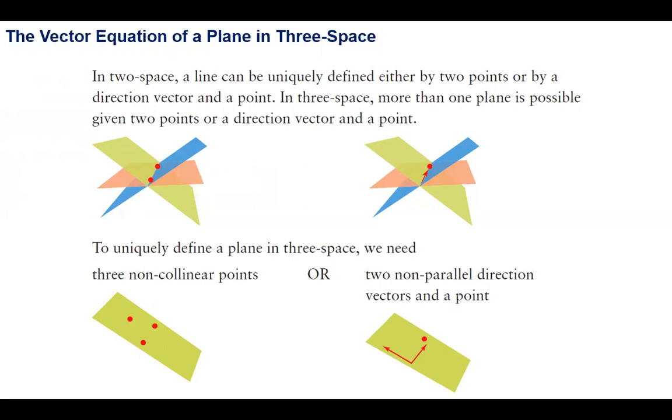In 3 space, more than one plane is possible, given 2 points or a direction vector and a point. To uniquely define a plane in 3 space, we need 3 non-collinear points or 2 non-parallel direction vectors and a point, right? As shown here in these figures.